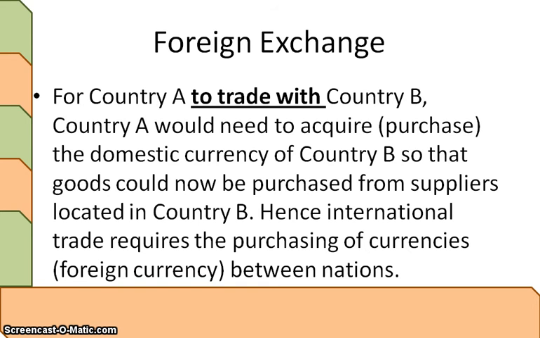Hence, international trade requires the purchasing of foreign currency between nations. You see, every country does not necessarily use the same currency, and each unit of currency may have a particular purchasing power. As a result, when individuals of two different countries would like to trade with each other, the purchaser must ensure that they have the currency of the seller who resides in another country.